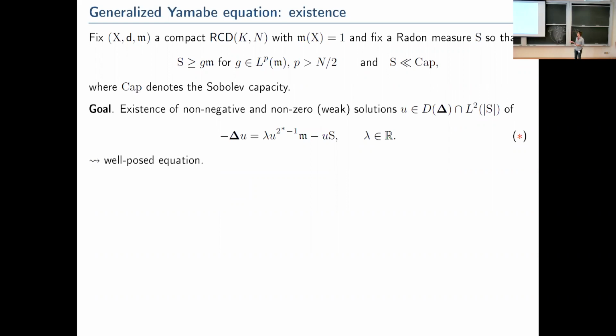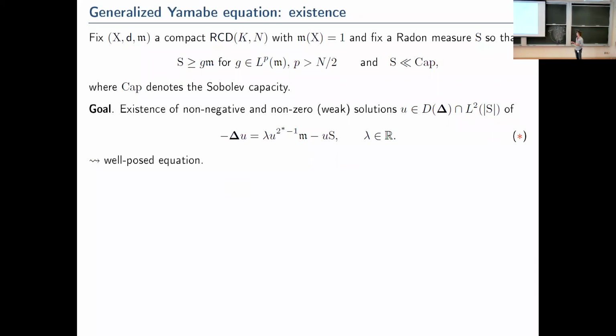And what works is this assumption. So you have an integrable lower bound, and you're absolutely continuous with respect to capacity. So this is important because it's not only unsatisfactory to have an L infinity function, but also you need things to be measures, because typically curvature tensors are not functions in this Riemannian curvature dimension condition.